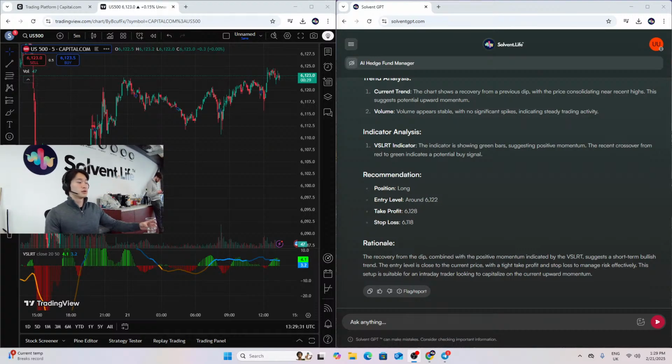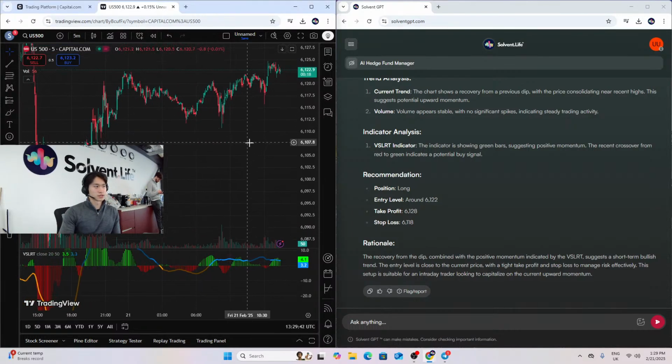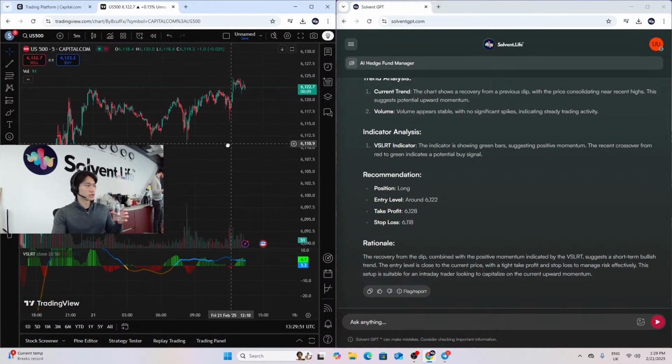Alright, there we go. Hello everyone, we're using Solvent GPT today to scalp the US 500, and we'll use it to guide our trades with the image recognition functionality and predictive capability. So let's see here.